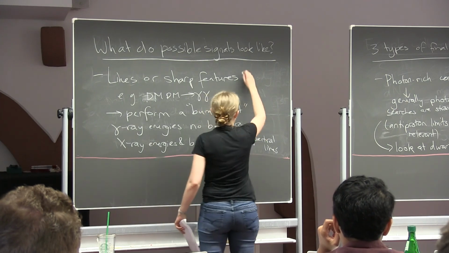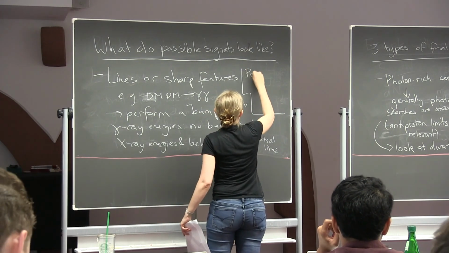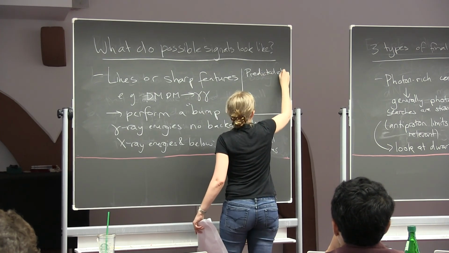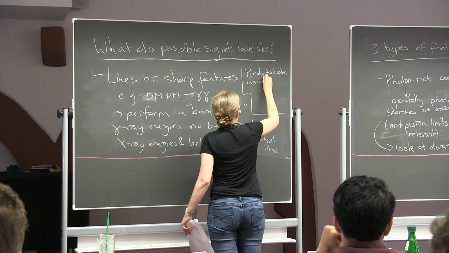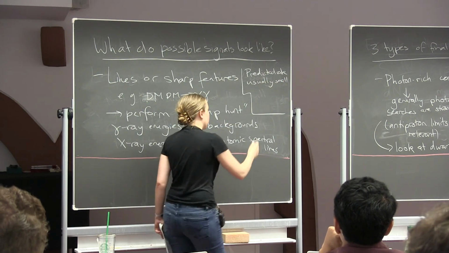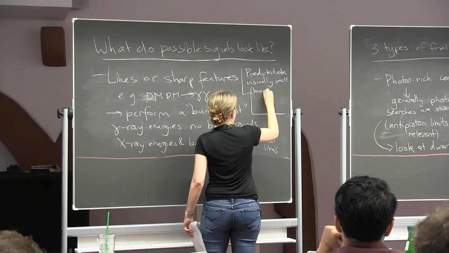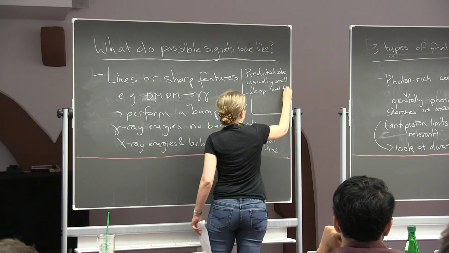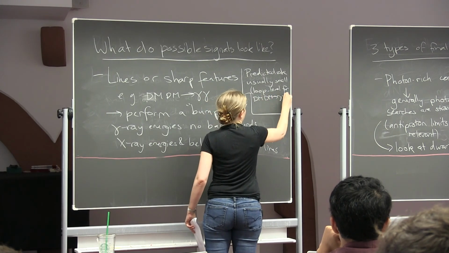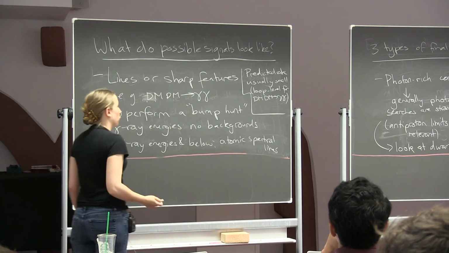The thing is that for these line signals, the predicted rate tends to be very small, at least for photons. We know that dark matter is not charged. That means that the gamma-gamma signal inevitably has to be loop level.